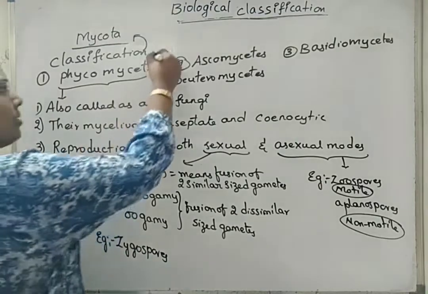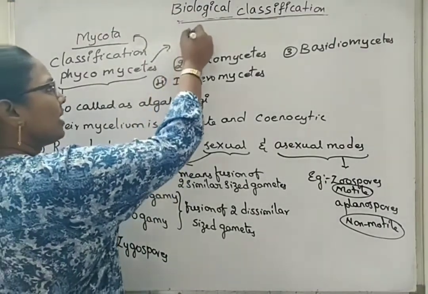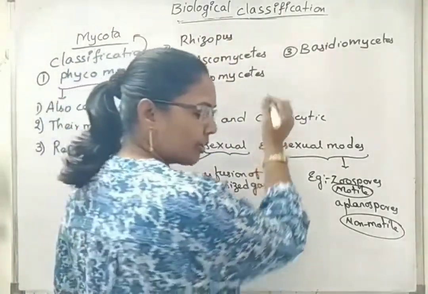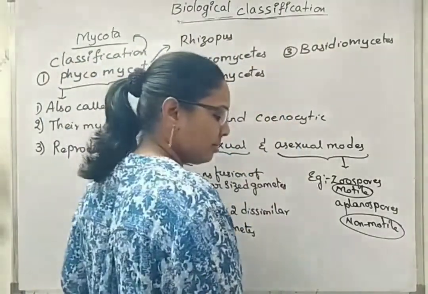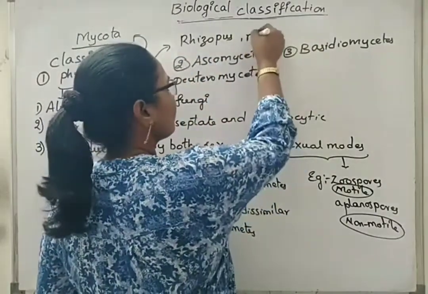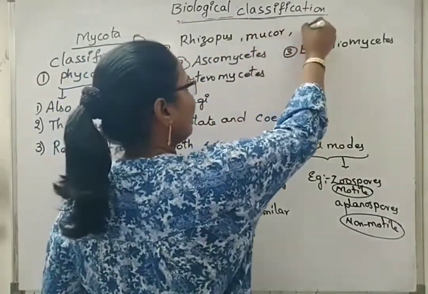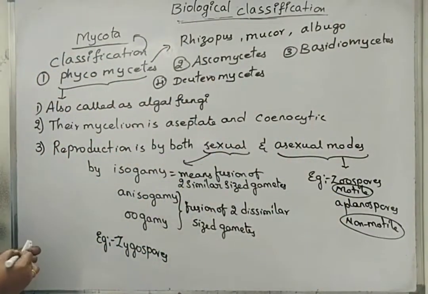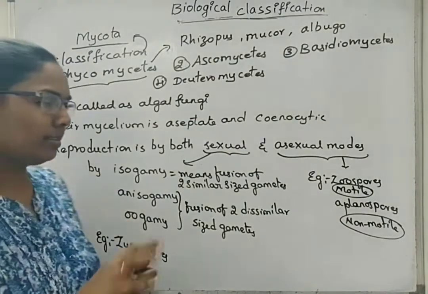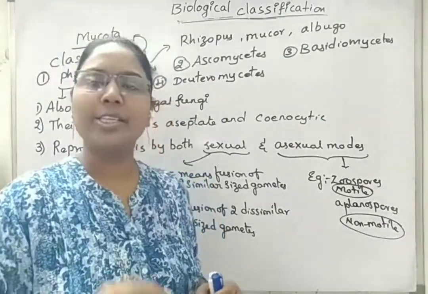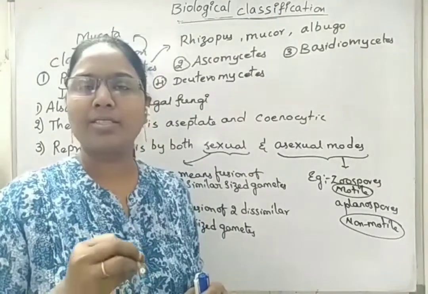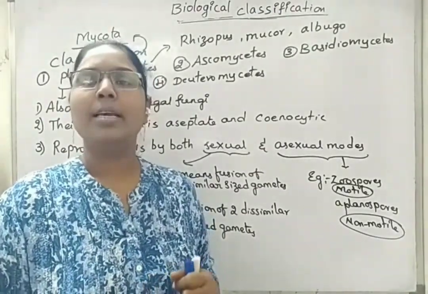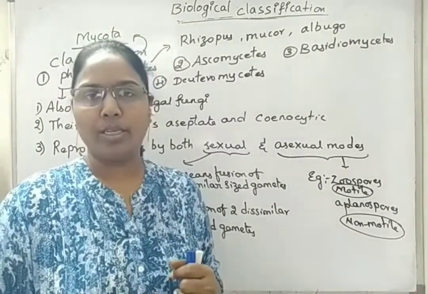Under Phycomycetes, we see examples like Rhizopus, Mucor, and Albugo. Rhizopus and Mucor, when we see morphologically, initially look similar, but there are some minor structural differences between them. Rhizopus is also called bread mold or black mold.